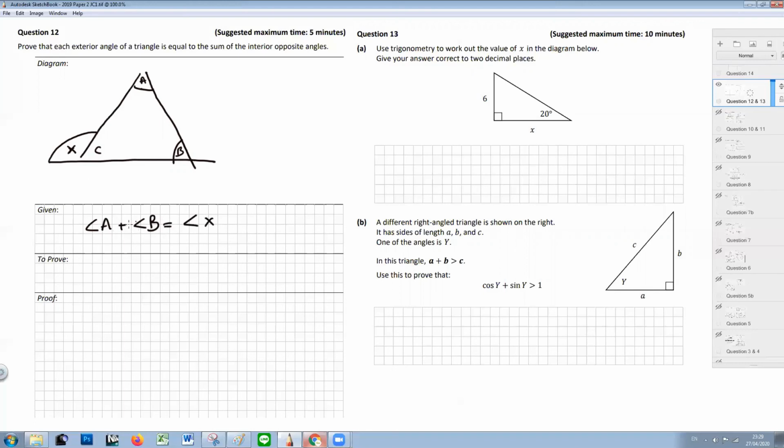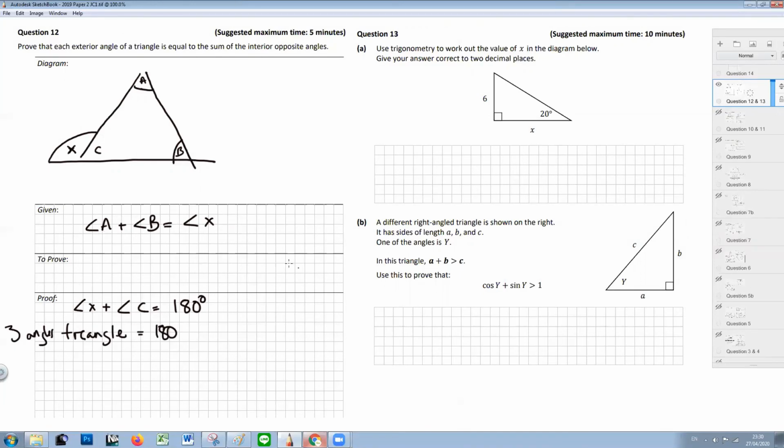And then the proof essentially is the angle of X plus the angle of C is going to be 180 degrees. Now you're going to say that the three angles of a triangle are equal to 180 degrees.